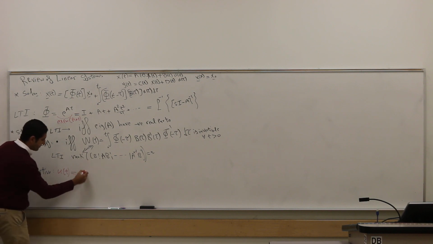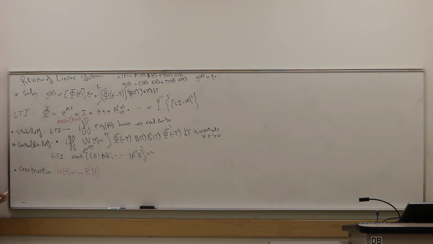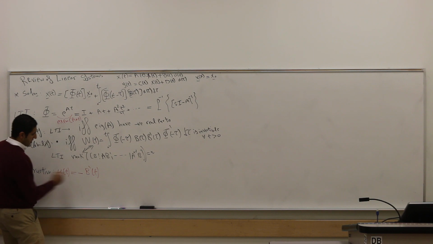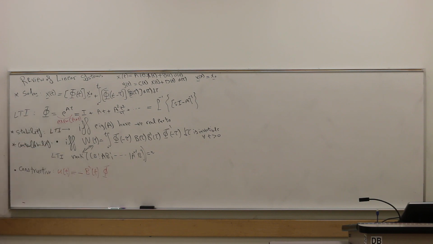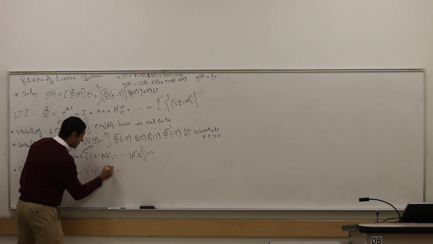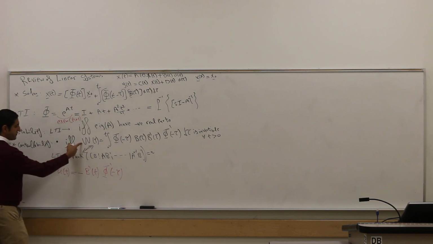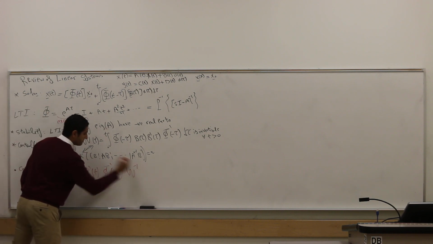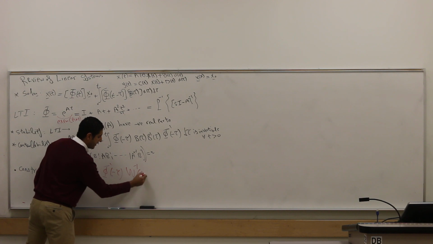So this is negative B transpose of t, and it can be for time varying system, that's fine. Phi, your fundamental matrix solution, negative tau transpose. You just said that W is invertible, so please invert it. And this is at the final time.